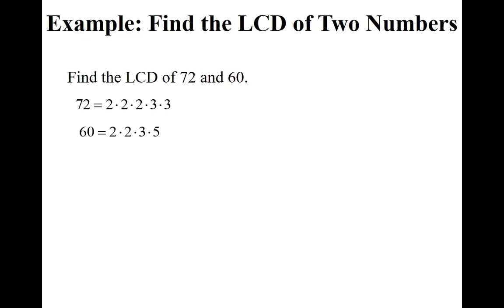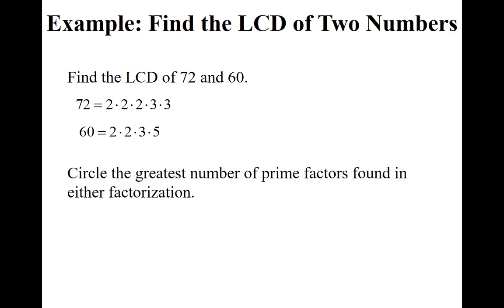Well, we're going to circle the greatest number of prime factors found in either factorization. The greatest number of 2's is 2 times 2 times 2. The greatest number of 3's is 3 times 3.